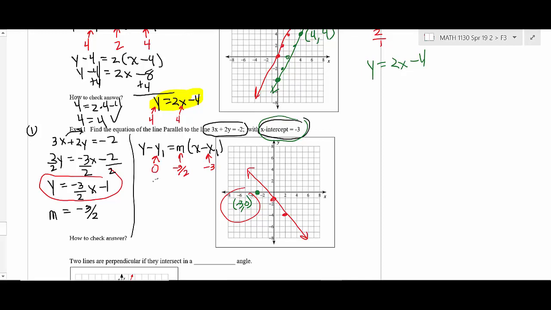So we'll have y - 0 equals -3/2 times x, and then minus negative 3. The formula has a subtraction symbol, so minus becomes plus. So this would be y equals -3/2 times x plus 3, and you can just distribute the -3/2 through there, and then you've got an answer to the problem.